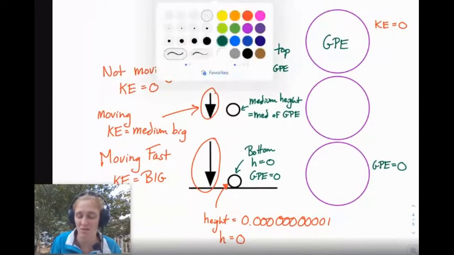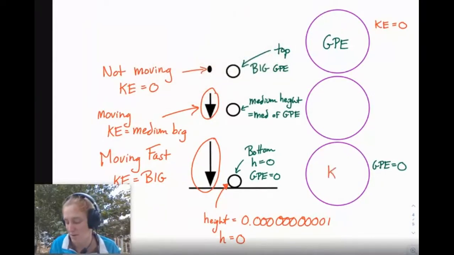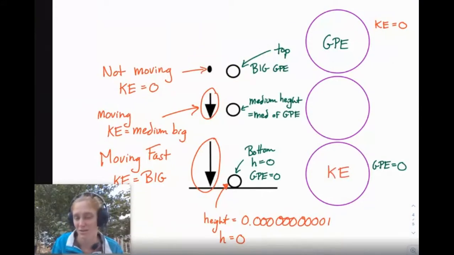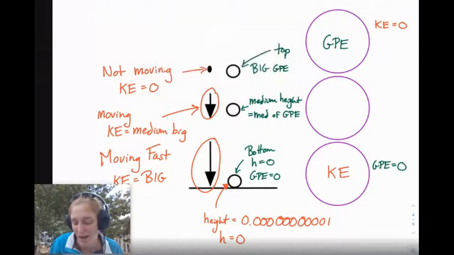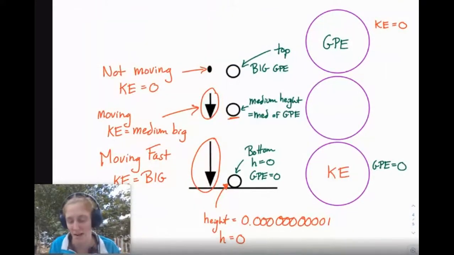But now my kinetic energy is going to be really big because it's moving fast. In the middle, and you could divide it however you like, but I noticed that this thing was a little bit more than halfway up. So I'm going to say that there's a little more than half gravitational potential energy, and the rest is kinetic.